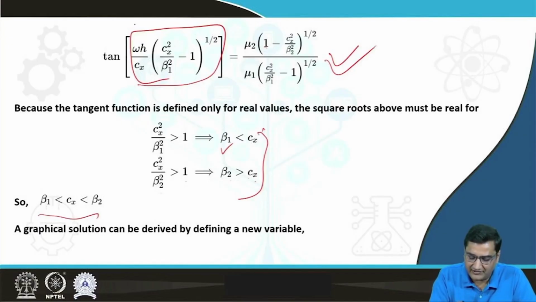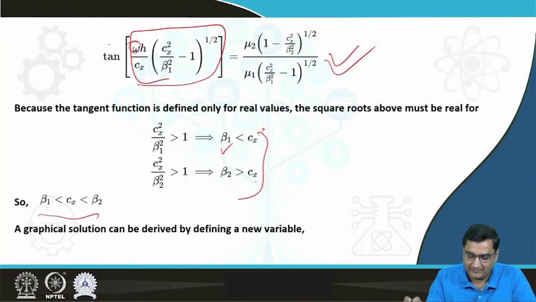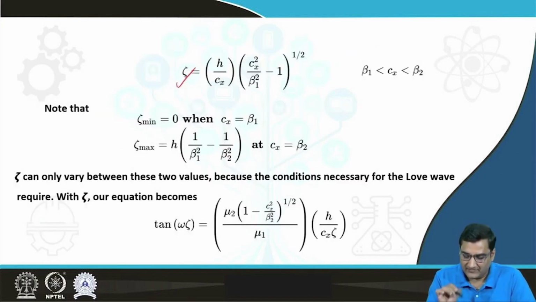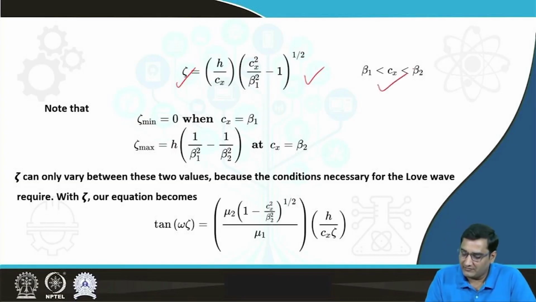It is not equal to this whole term, but you need to keep omega separate, and whatever you are left with will be equal to zeta. So zeta will be equal to h upon cx times the square root of cx square by beta 1 square minus 1, where cx will be varying between beta 1 and beta 2.